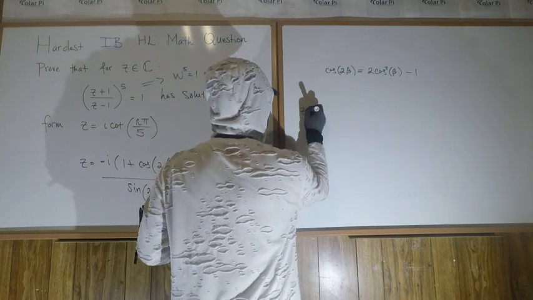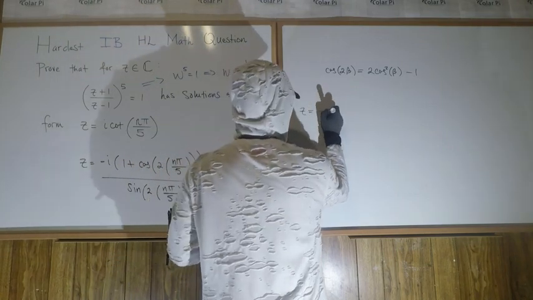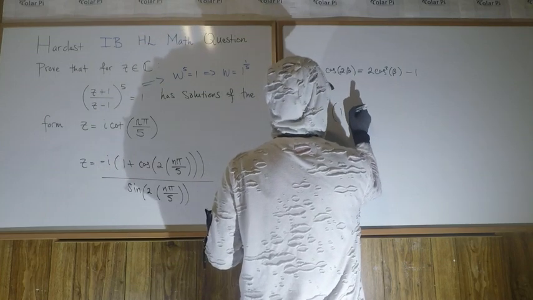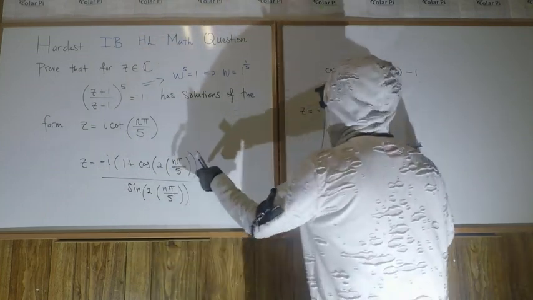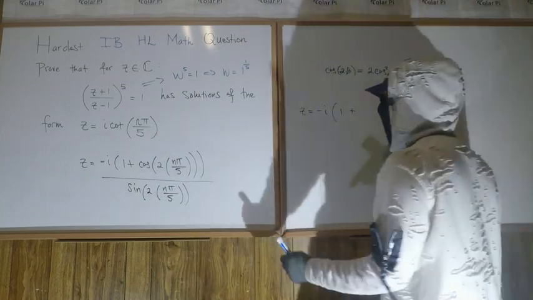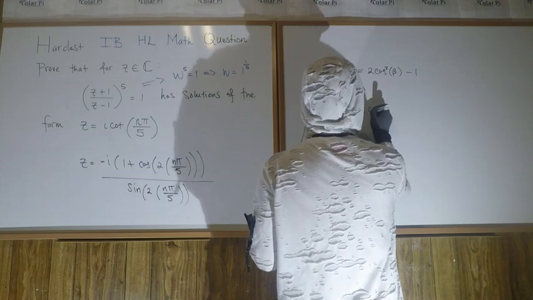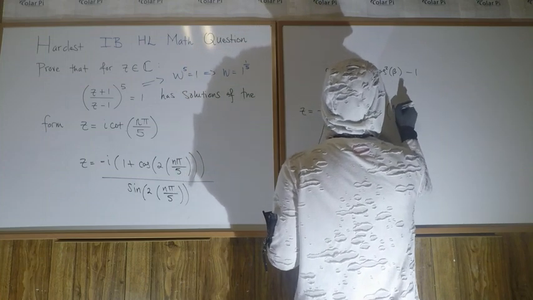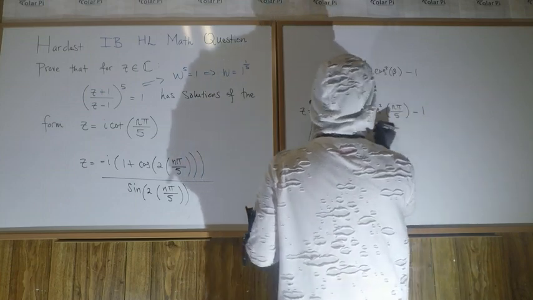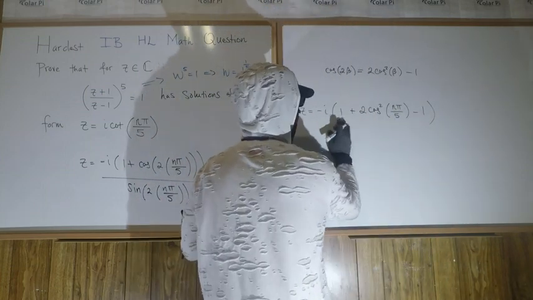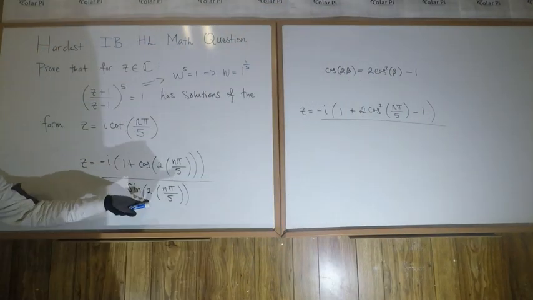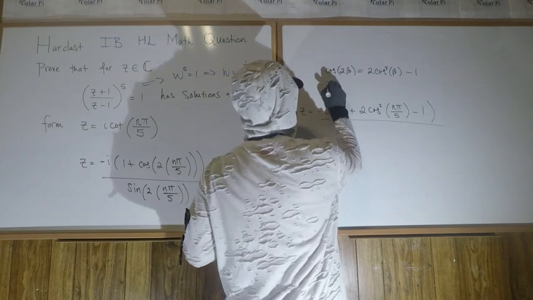So z is equal to minus I times 1 plus cosine of 2 beta, where beta is n pi over 5. Cosine of 2 beta is going to be 2 cosine squared of n pi over 5 minus 1. So this is the entire numerator, over the sine 2 beta formula, and there's only one, we're pigeonholed into it.